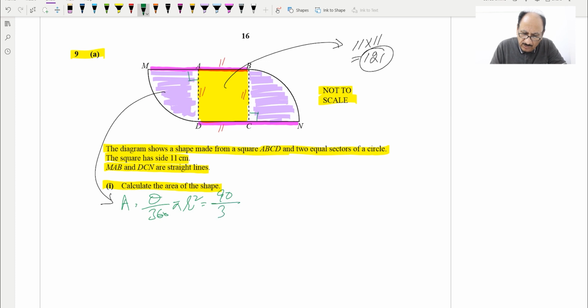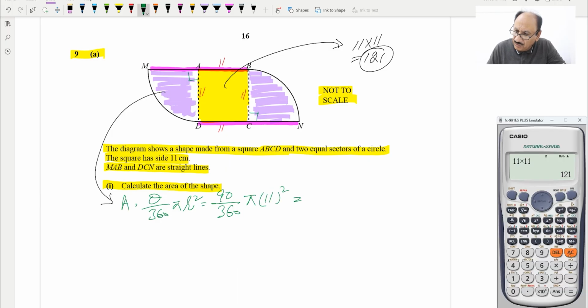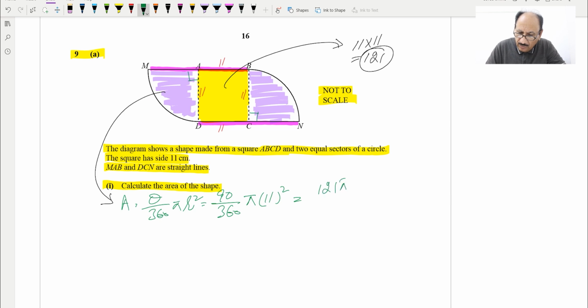So 90 over 360 into pi, and the radius is 11, so 11 squared. This is pi r squared, and this is equal to 121 pi over 4, and this is one area.